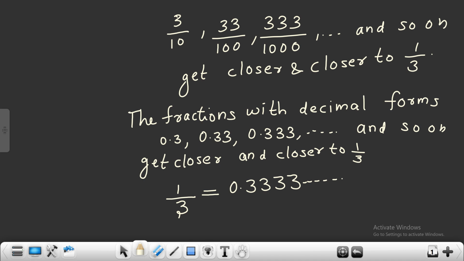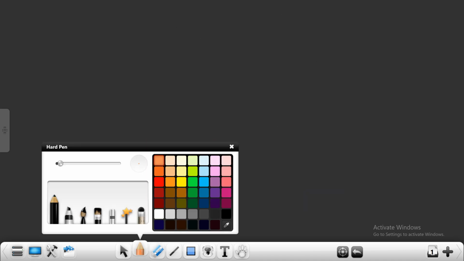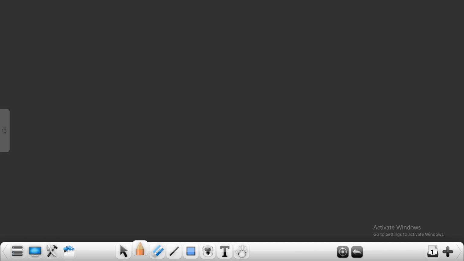Understood? We can do another problem. Convert 5 by 6 into decimal form. First, look at the denominator.